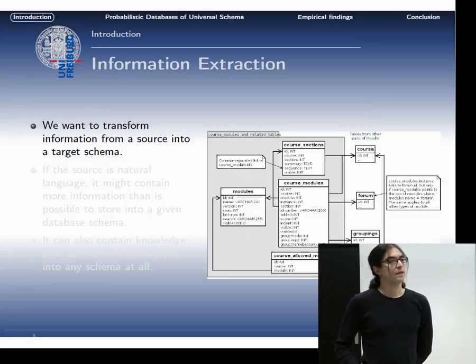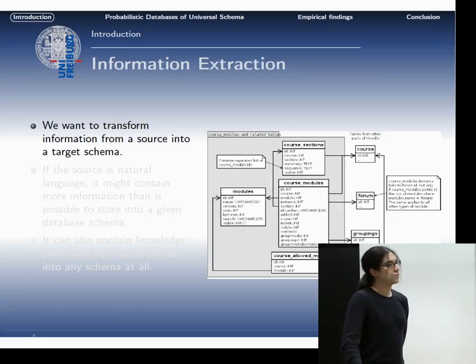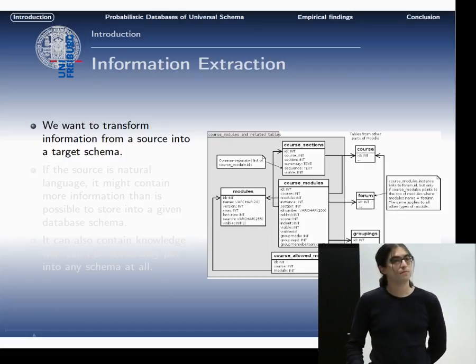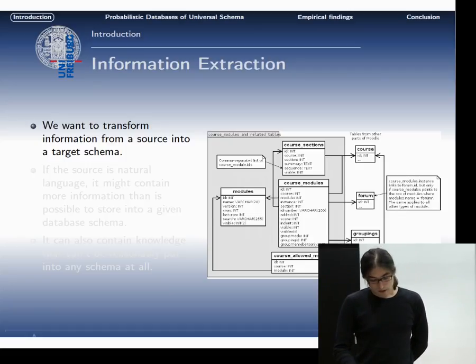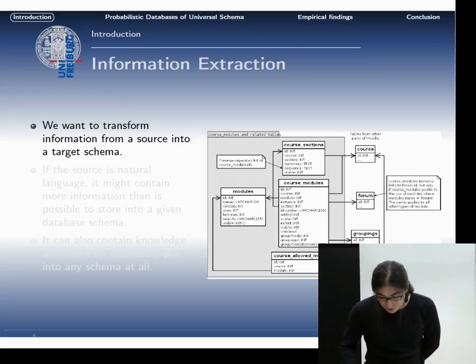So, yes. The main problem in information extraction, as we have understood, is transforming information from a source into a target schema. In this example here, the schema is a relational database schema, as we all know them, and the information source might be, well, a database containing information about an online course in Moodle, apparently.